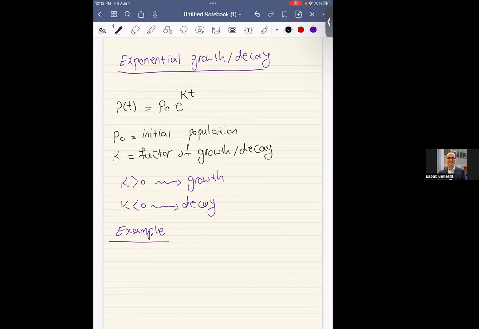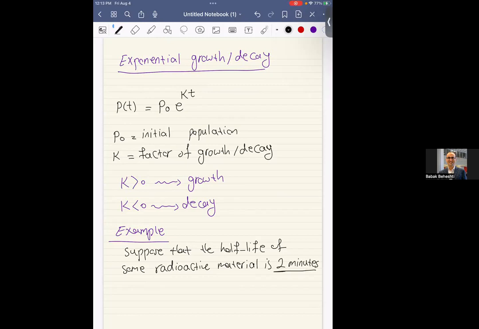So the example is the following. Suppose that the half-life of some radioactive material is 2 minutes.